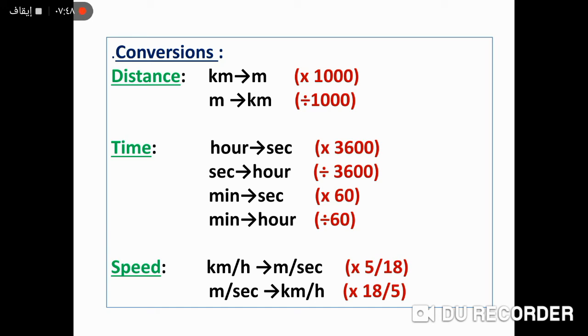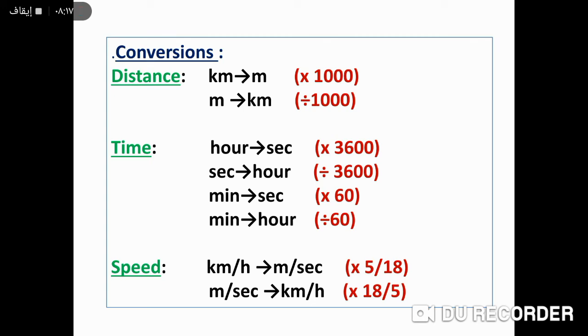To convert from kilometer per hour to meter per second, we will multiply by 1000 over 3600.